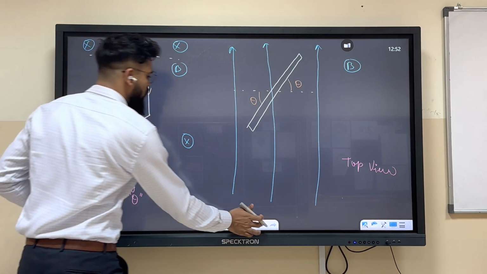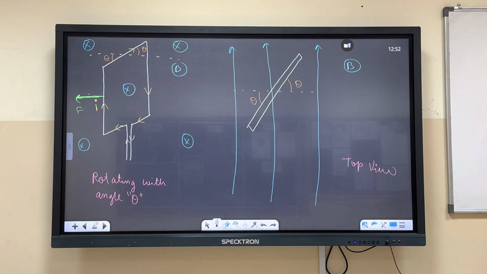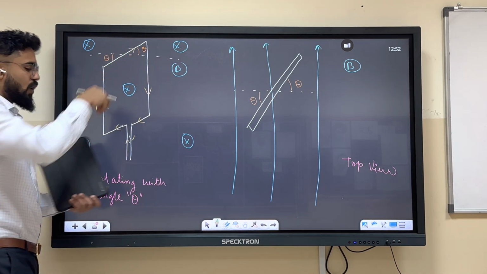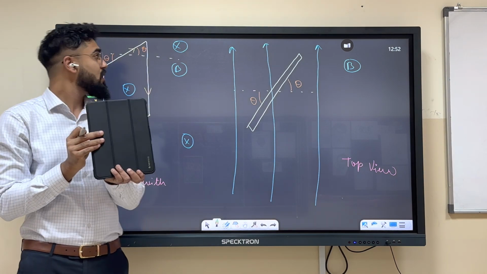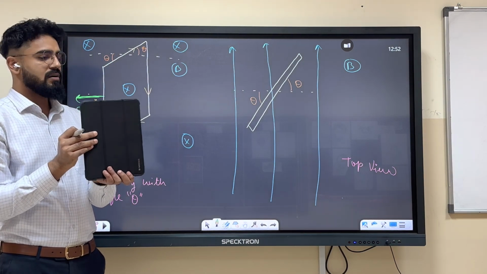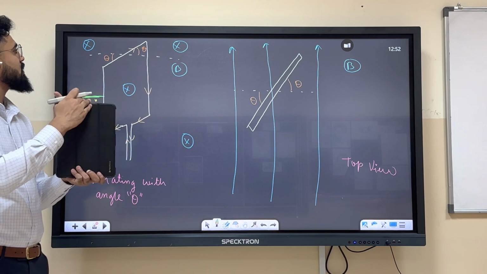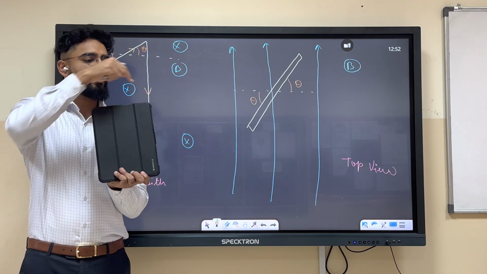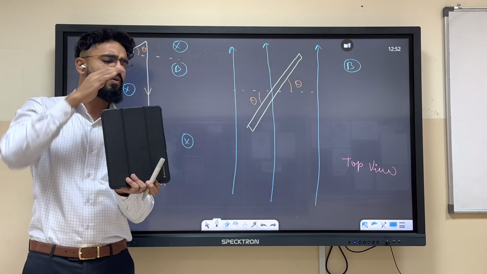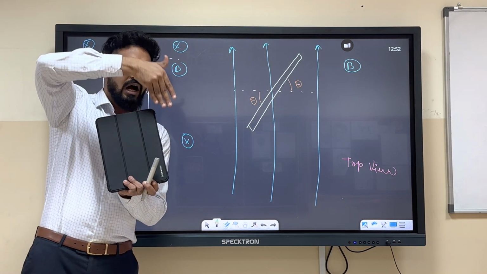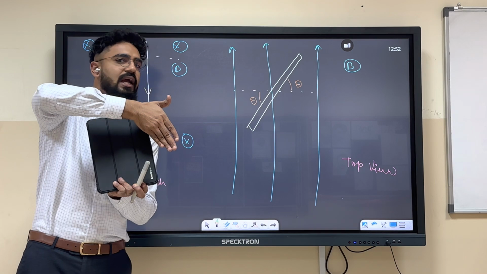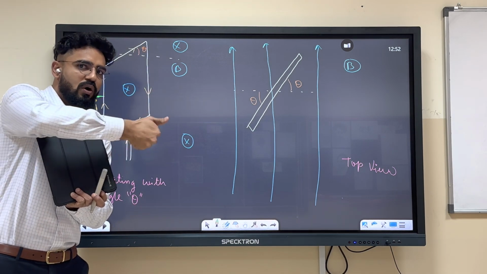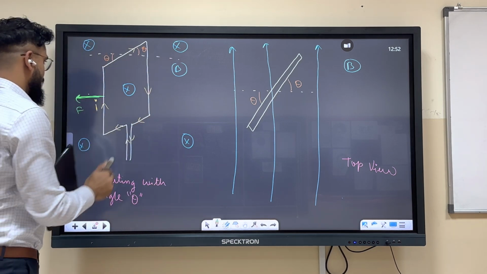Anyways, we all know that the forces will be the same, so I'm just writing it as F. Now on the opposite arm, it doesn't matter how you rotate it. I is in this direction, B is into the plane, I cross B, so force is in this direction.